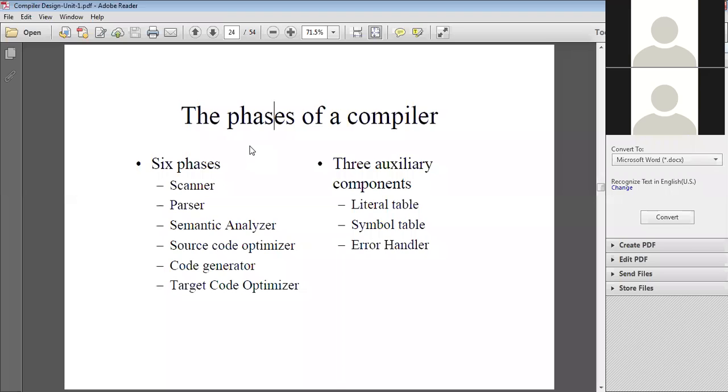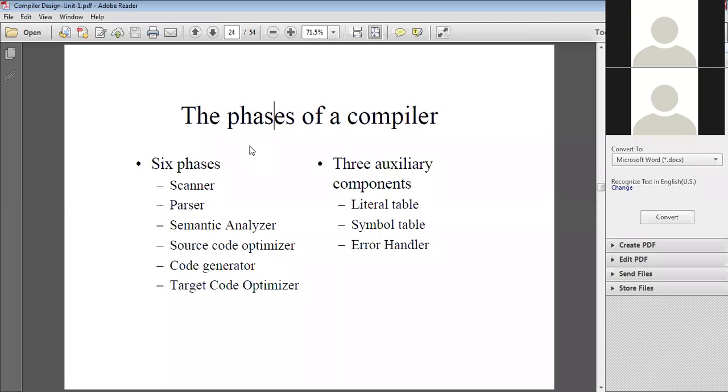The error handler is nothing but it handles the errors in the program. It is like a debugger, it debugs the program. The function of the compiler is to handle the errors or debug the program and to convert the high level language into the machine language. So there are two main functions of the compiler, or the interpreter, or the assembler.